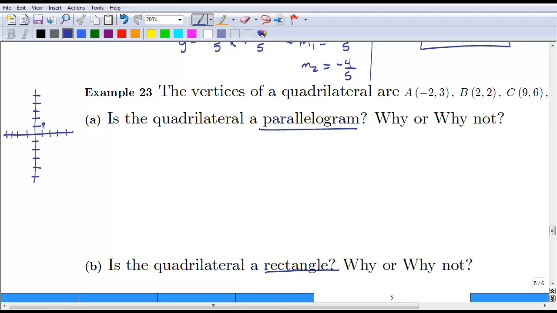I'm going to make each increment 2 because we have that 9 and 6 there, and the 5 and 7. So in this case, we have the point negative 2, 3. That's A. B is at 2, 2. C is at 9, 6.